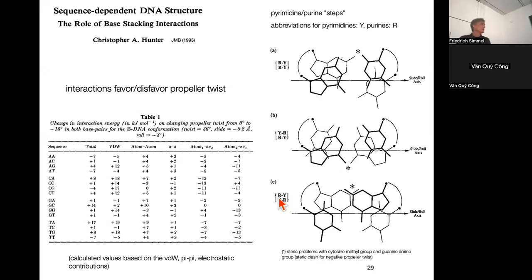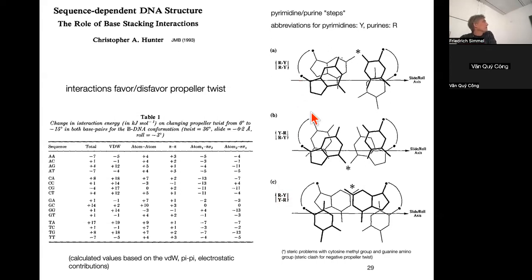Therefore, there is a suspicion that there is an underlying code in the DNA that is not genetic, but that also encodes some type of mechanical properties necessary for binding to other molecules.